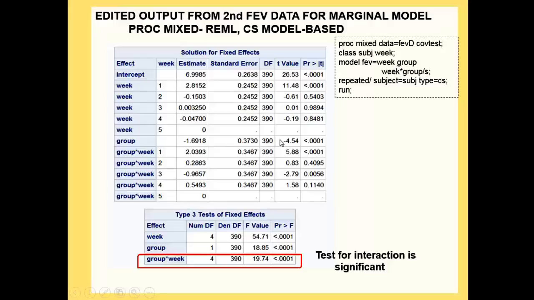Now, suppose I defined 4 dummy variables for the 5 weeks, how would things differ? Well, I wouldn't necessarily have a week variable in the class statement. In the model statement I'd have W1, W2, W3, W4, and then group times W1, group times W2, group times W3, group times W4.